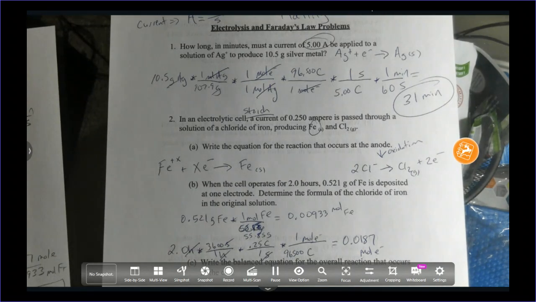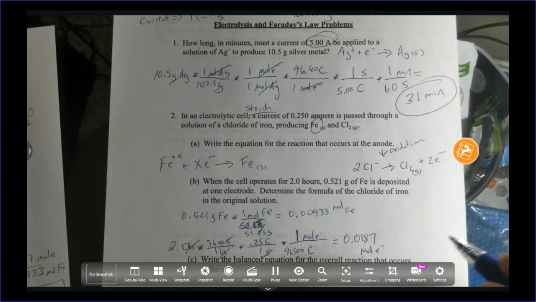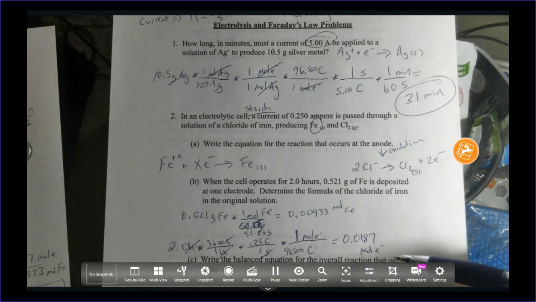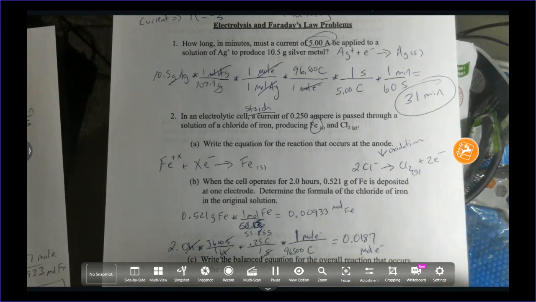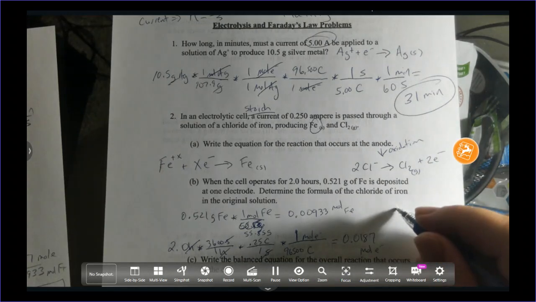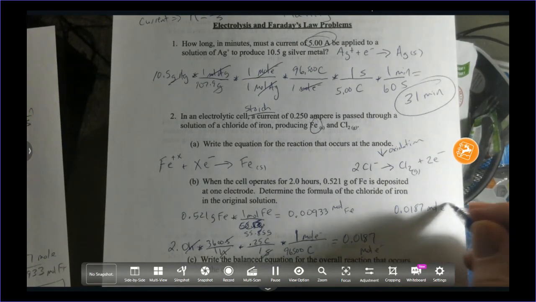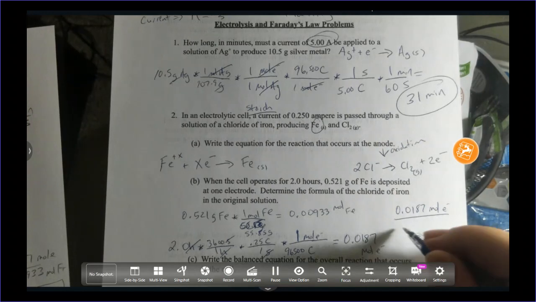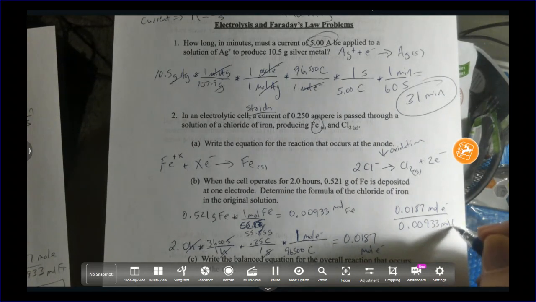All right, so now what I did, the way I see it, I know there's more than one way to work this problem. I've had students in the past do it a completely different way. But the way I see it is I want to look at how many moles of electrons for every mole of iron that gets reacted. So I'm just going to do a ratio here. 0.0187 moles of electrons over 0.00933 moles of iron.